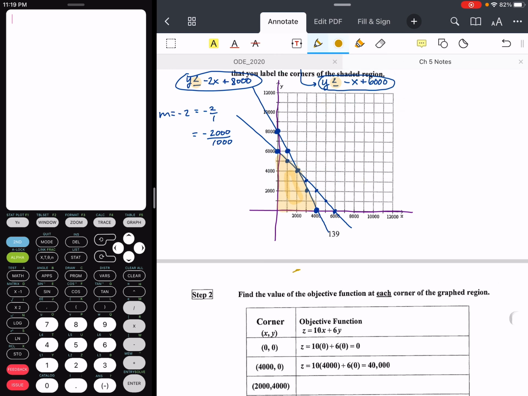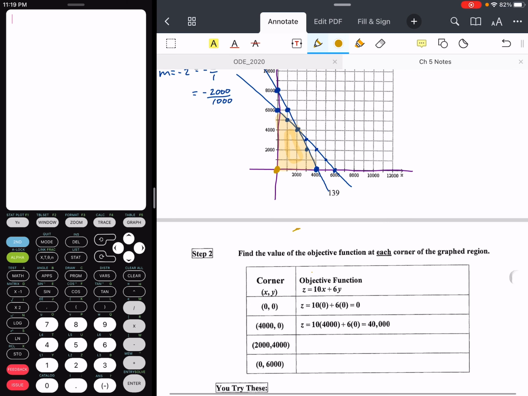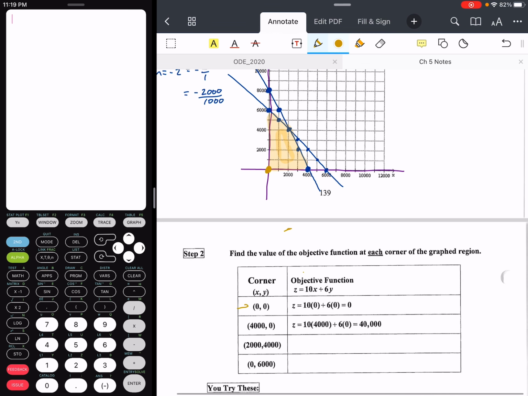So we've got 0, 0, the origin, that's a corner. And I've listed them down here, so there's 0, 0. Another corner is 4,000, 0 right here. Also, these guys intersect at 2,000, 4,000, and I can see, just because I've graphed really carefully, that that's where they intersect at the ordered pair 2,000, 4,000.